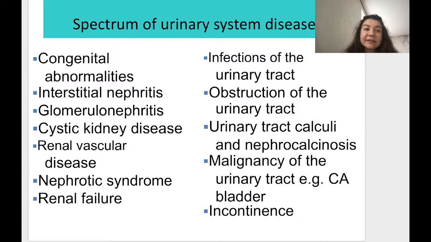Okay, and let's discuss the main diseases, the spectrum of urinary system diseases. What main diseases can lead to all these syndromes and symptoms that we discussed during today's lecture?